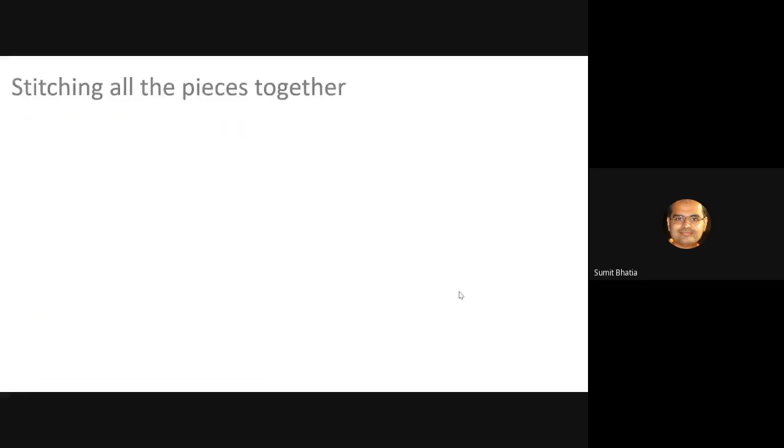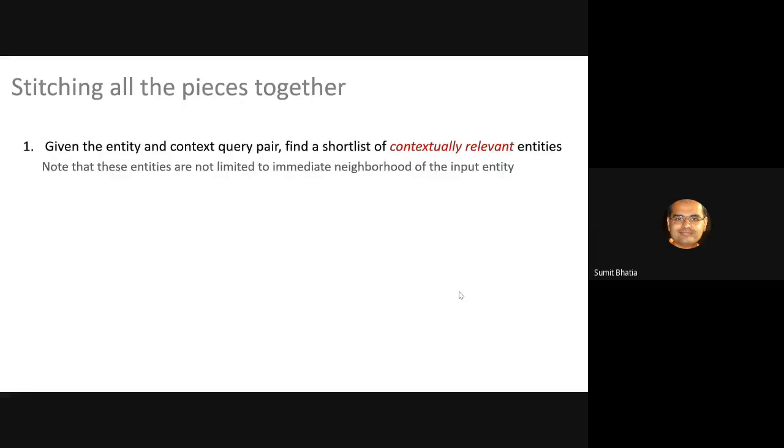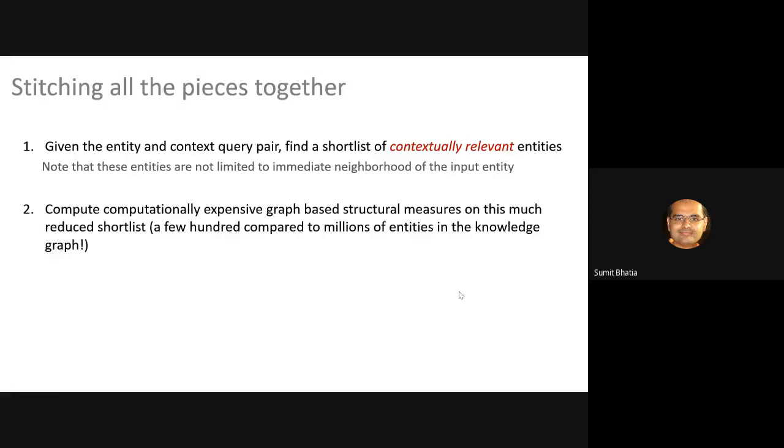Now, stitching all these things together, essentially what we do, given an input entity and a context pair, is use the context to find a short list of contextually relevant entities. These entities may or may not lie in the immediate neighborhood. Since it's a short list of contextually relevant entities, we then compute graph-based information only for this set of target entities.